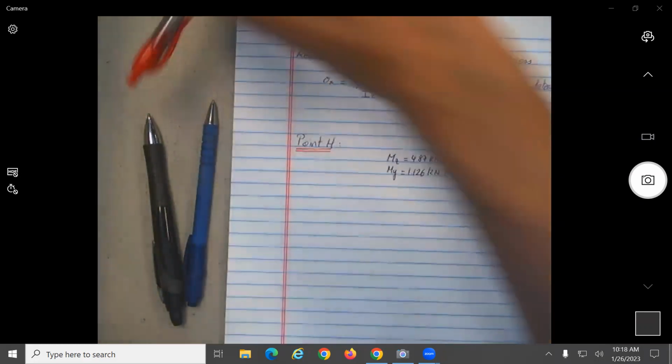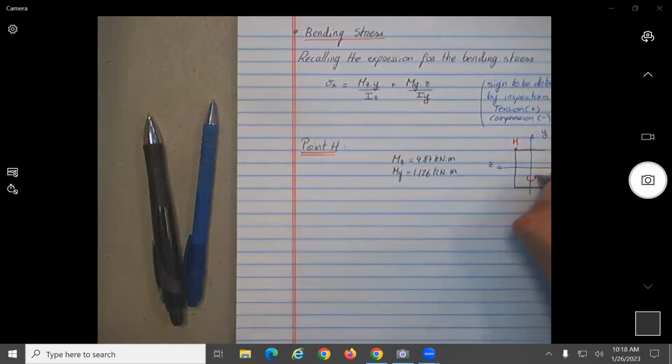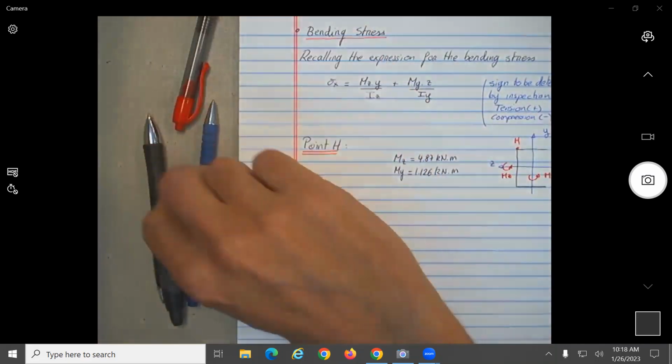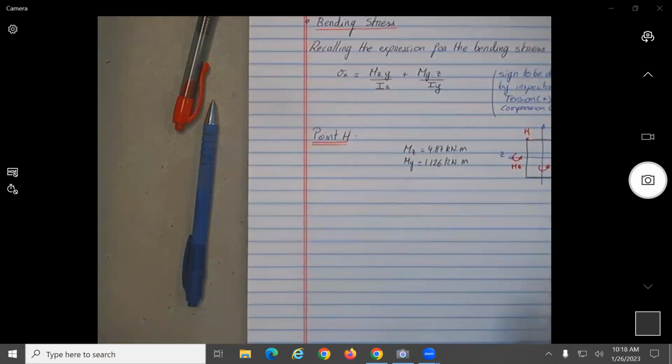Okay, so what does that mean? If it's positive, it's going to go counterclockwise. So if you think, this would be My, and this should be Mz.